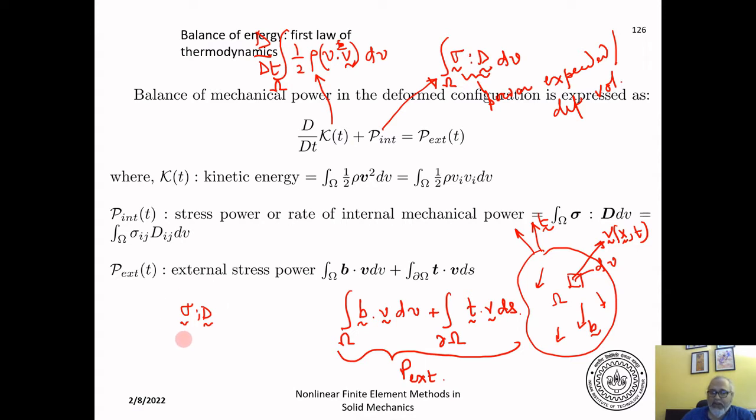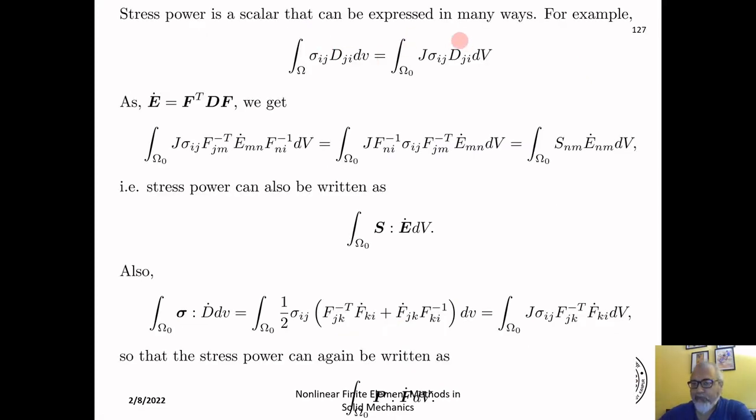Now, we can look at this term in different ways. We can try to find out, for example, the power expended per unit undeformed volume. That's what we are going to do now. So, this is my stress power, and this quantity is stress power expended per unit deformed volume.